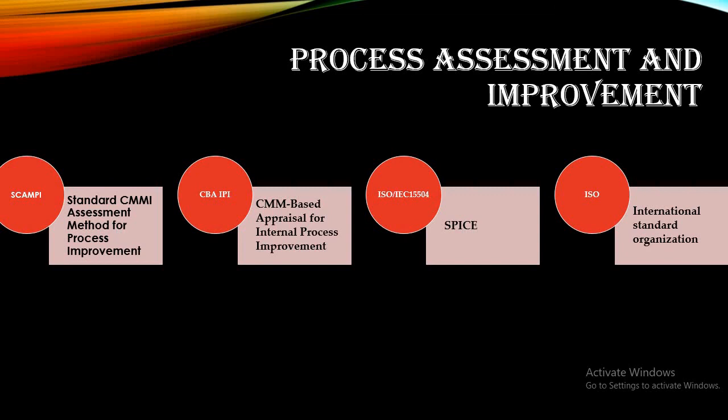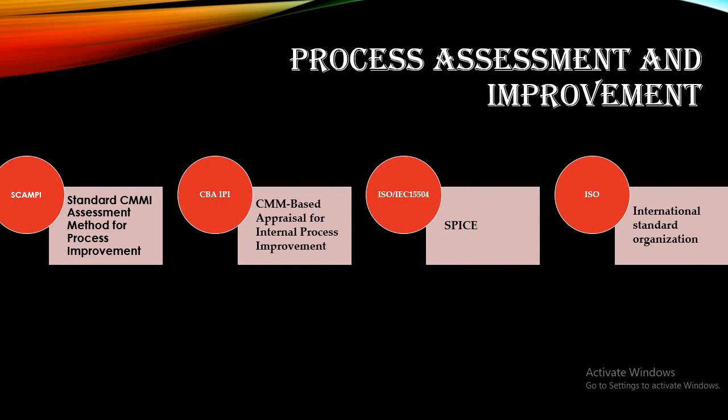These are the 5 phases of the process assessment model incorporated in the CMMI assessment method. The next one is CMM based appraisal for internal process improvement. This provides a diagnostic technique for assessing the relative maturity of a software organization. It uses SEI CMM as the basis for the assessment.